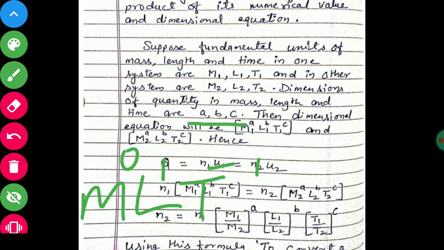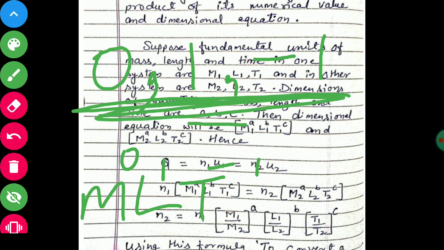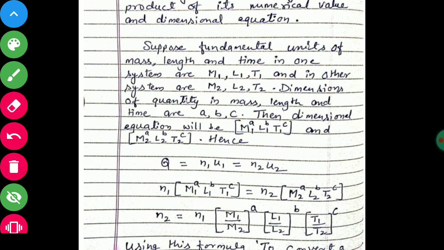So the dimensions of velocity: mass is 0, length is 1 and time is minus 1. So these are the dimensions of velocity. So we are assuming the dimensions of the given physical quantity are A, B and C.